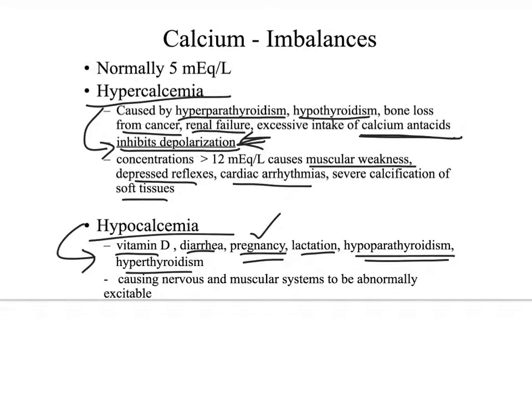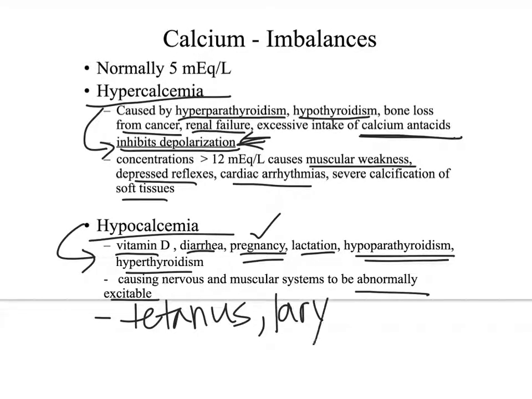Okay, so hypocalcemia is going to cause the cells to be too excitable, abnormally excitable. So it could cause tetanus, which is when the muscles contract and can't relax, laryngospasm, which I'm trying to spell.